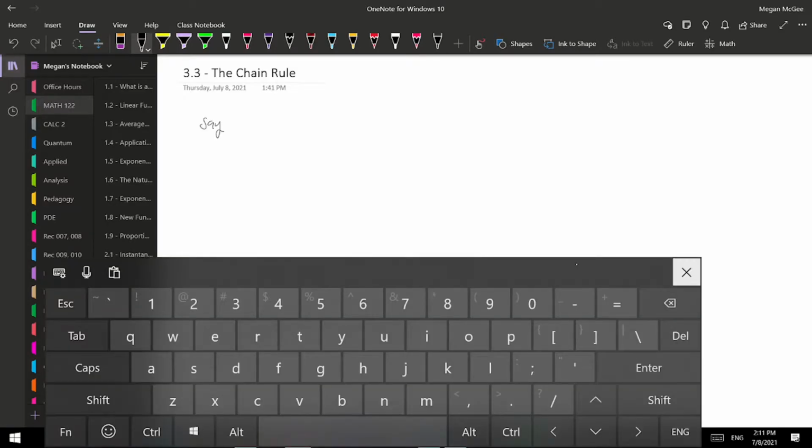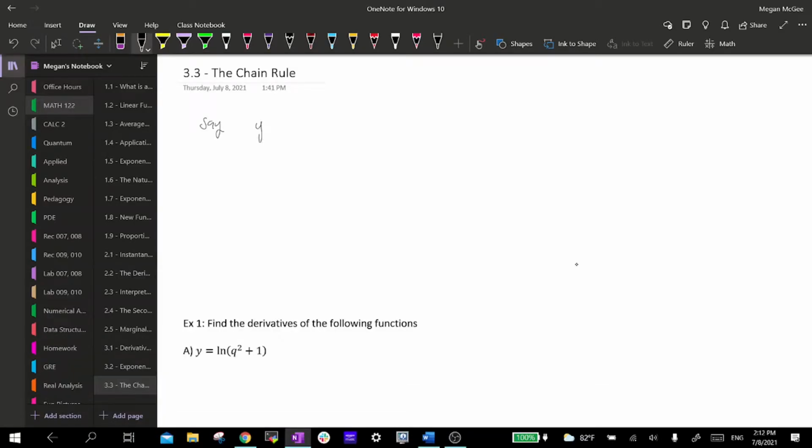Say that we have y is equal to f of g of x. Okay, so this is a composition of functions, right? In this case, we're going to say that g of x is the inside function.